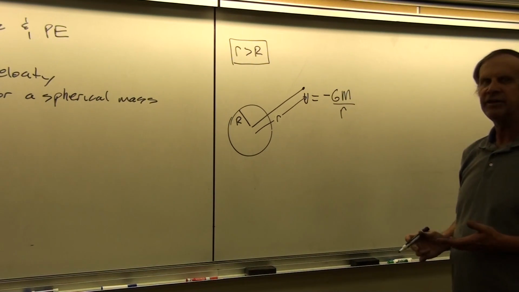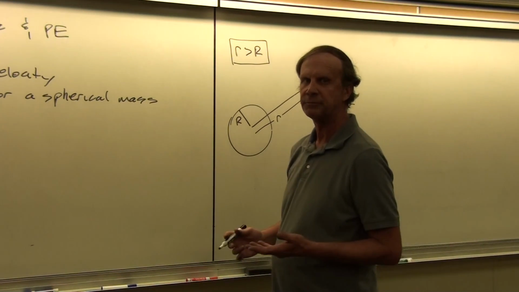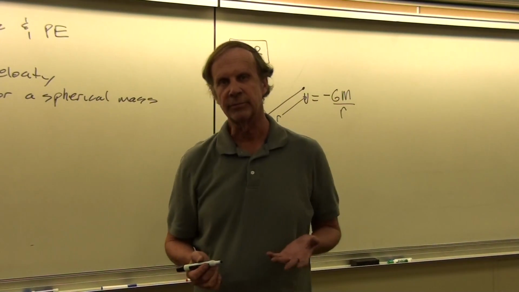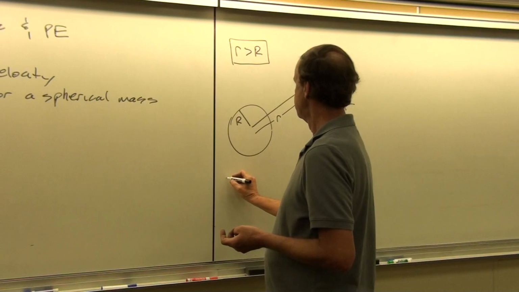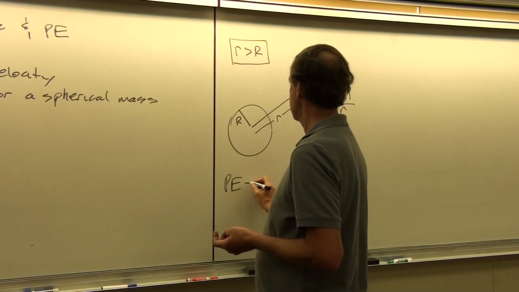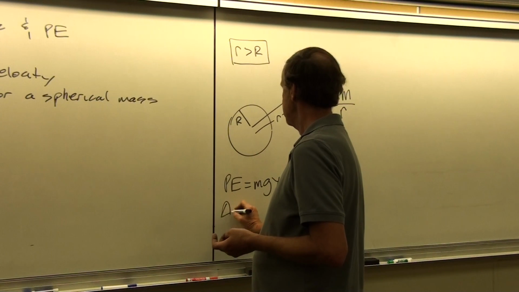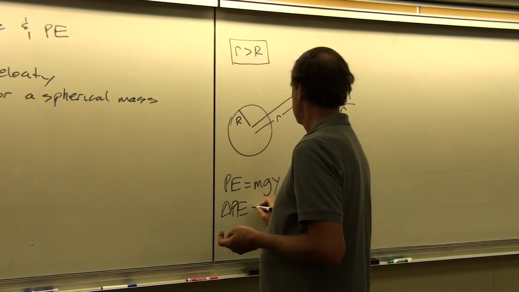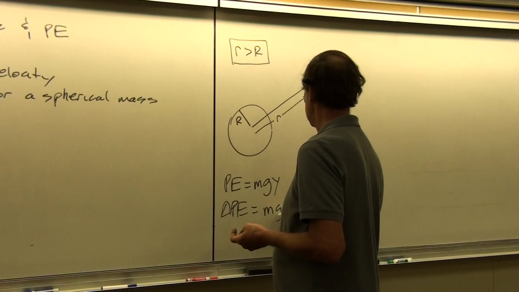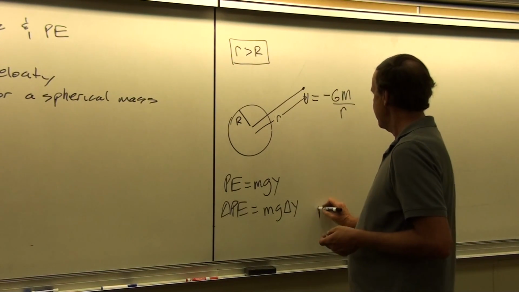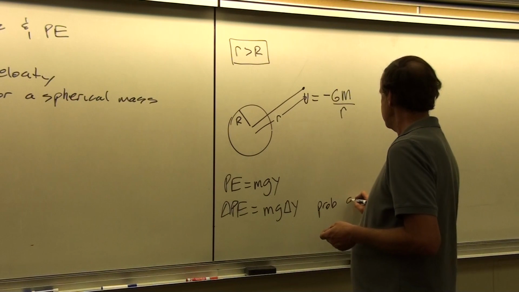And so that's a different expression from what we looked at before. Before we saw that the potential energy is mgy if we're close to the Earth's surface. So that delta PE was equal to mg times the change in the height. But the problem with this is that g is a constant.